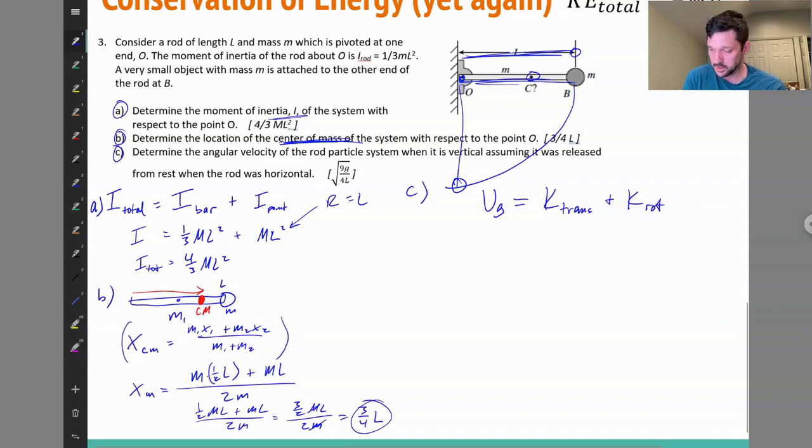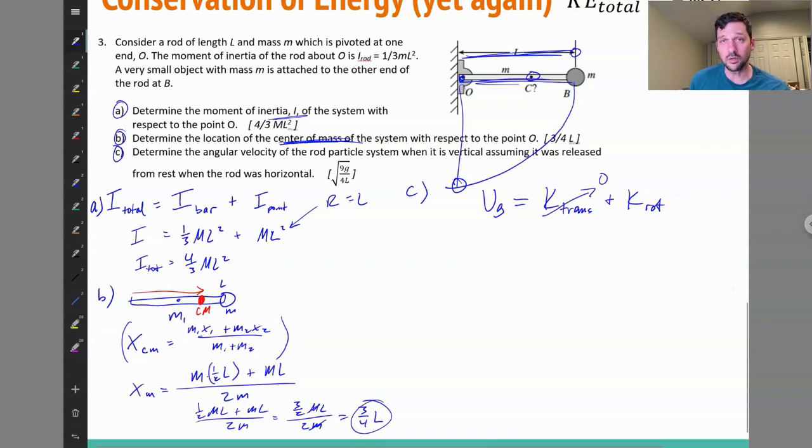But we would be mistaken, because as we talked about before, unlike a ball, it's not free to travel. This thing is locked in place by that axis, by that pivot point. So the translational kinetic energy is 0. It doesn't get to go anywhere. It doesn't get to travel. It doesn't get to translate.